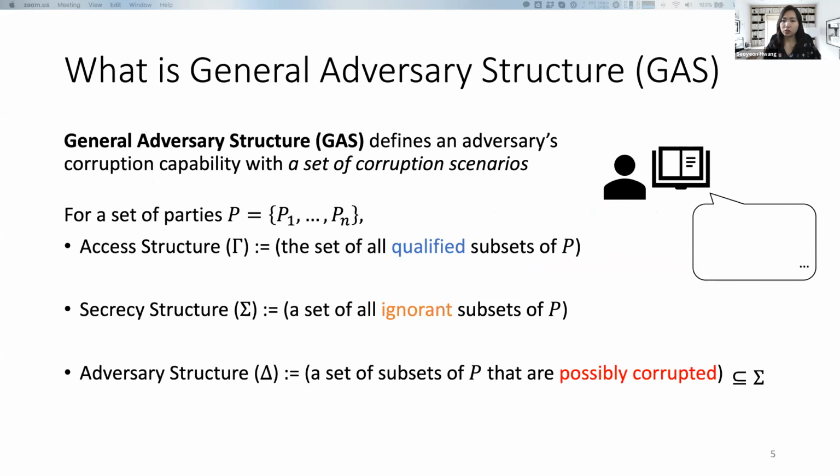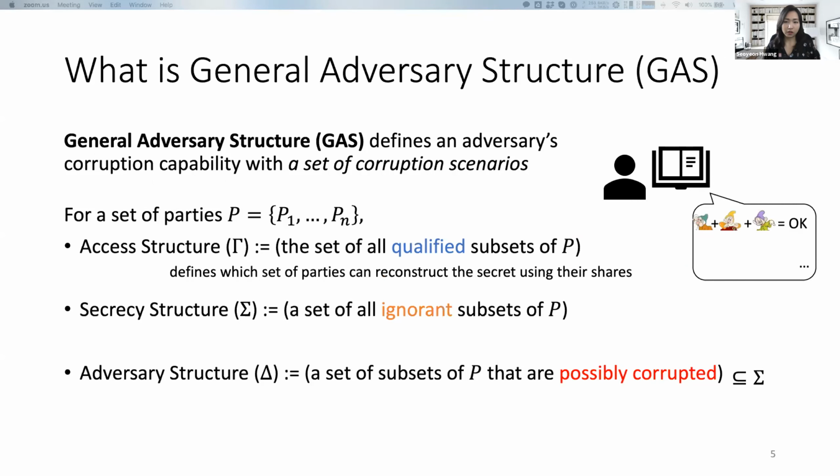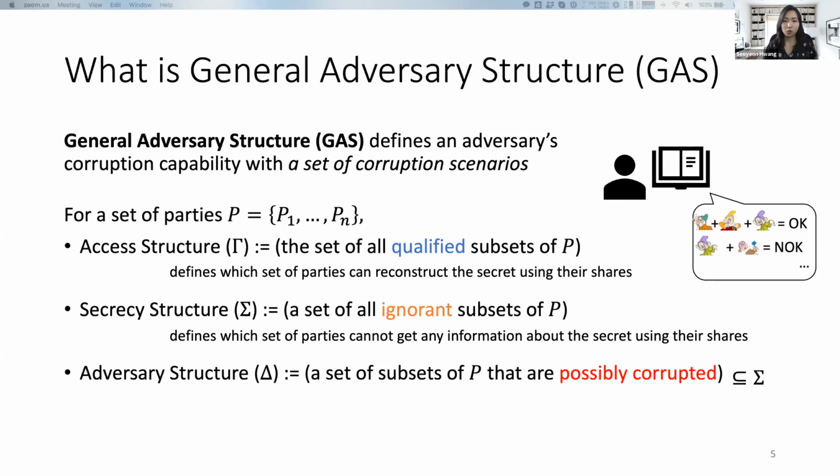The access structure defines which sets of parties can obtain the secret value with their shares. The secrecy structure defines which sets of parties cannot get any information about the secret, even if they combine all their held shares. The adversary structure, which is a subset of the secrecy structure, defines which sets of parties can be corrupted by an adversary at the same time.